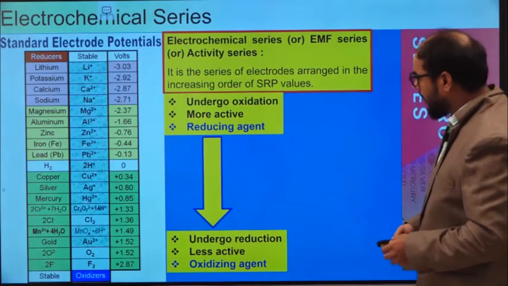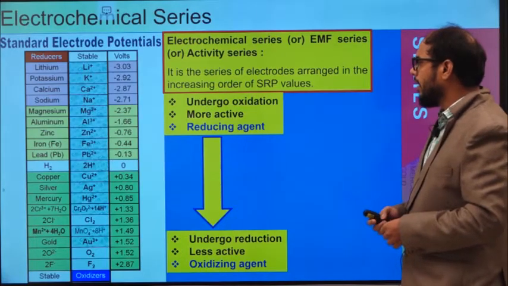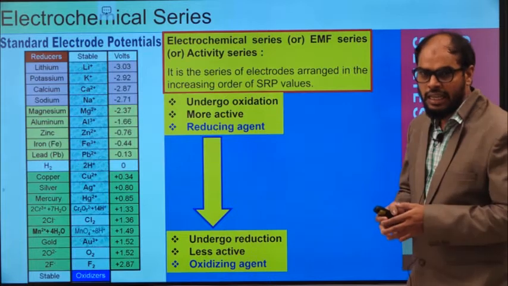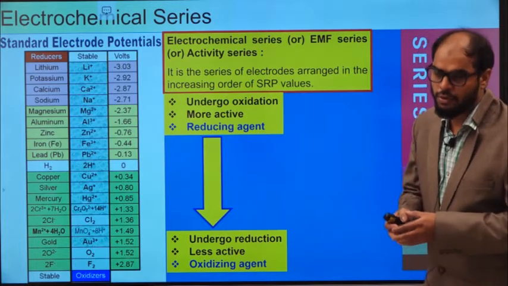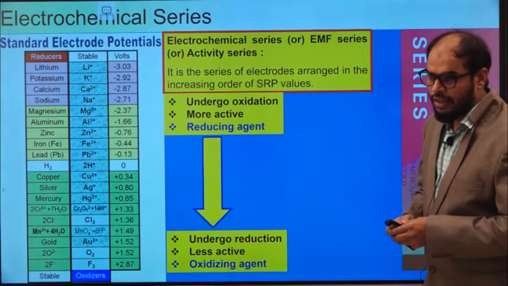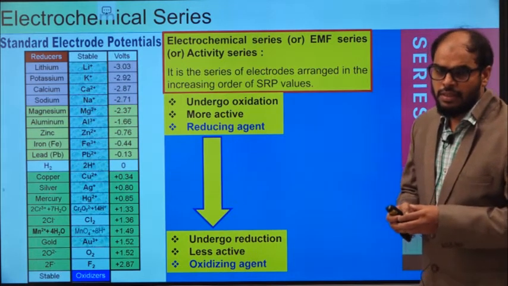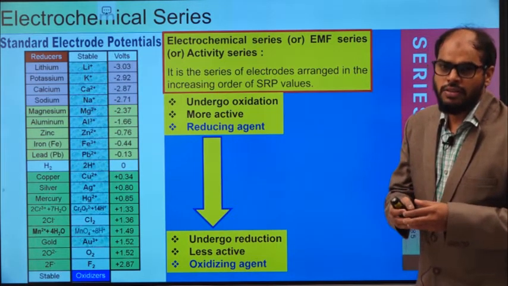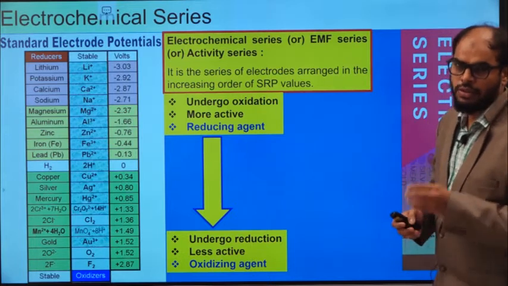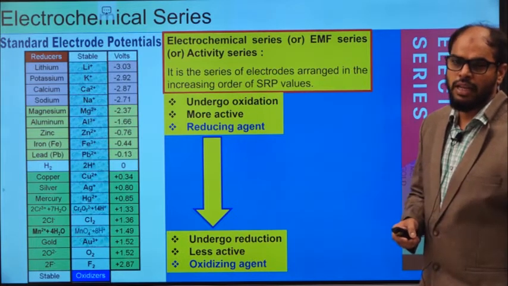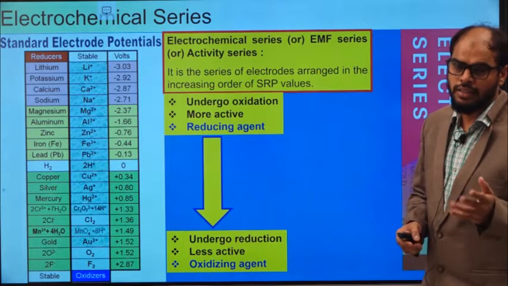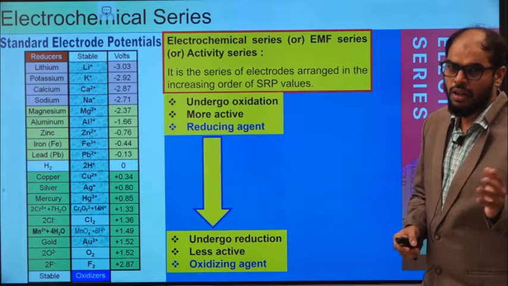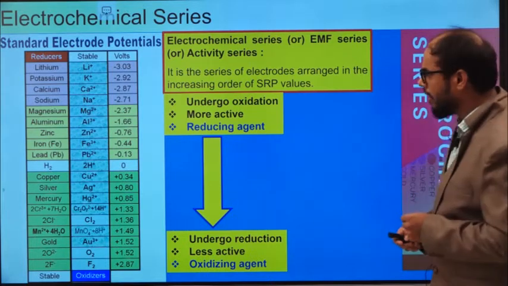As we told previously, whenever we have a potential difference set up between the metal and its ions, we call it electrode potential, and each metallic strip has its own electrode potential. So the electrode potential varies from one metallic strip to another, or from one metal to another metal, or from one element to another element.